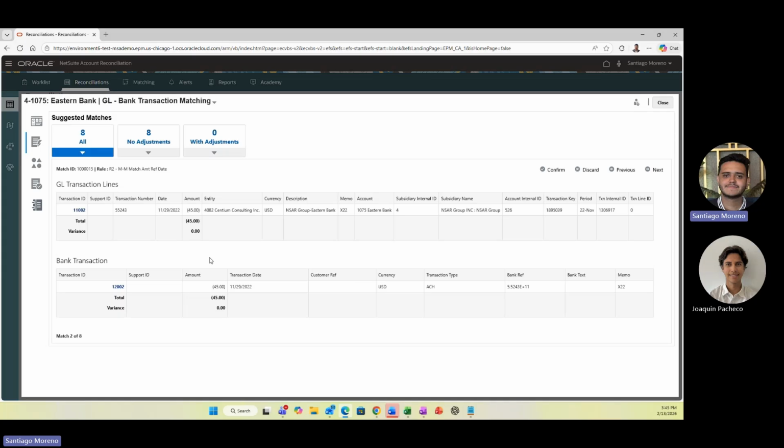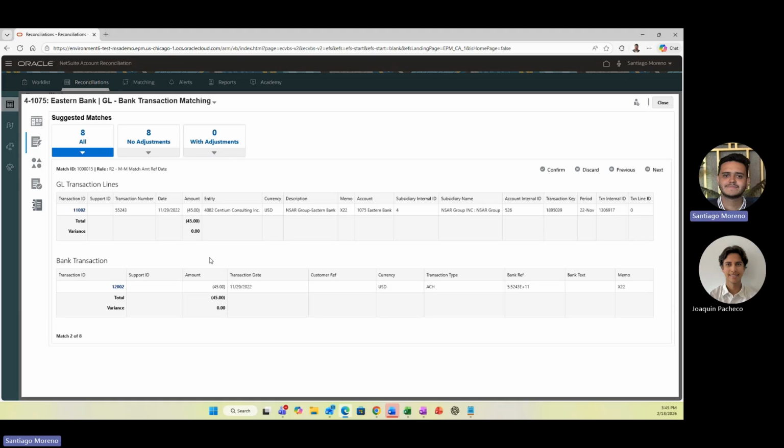So let's say you have 10 transactions in NetSuite that correspond to a single transaction in the bank statement, but you still need to identify them. The most powerful tool that NSAR offers is the transaction matching engine, which, by using the criteria that I keep mentioning, identifies those transactions from both sides and matches them.